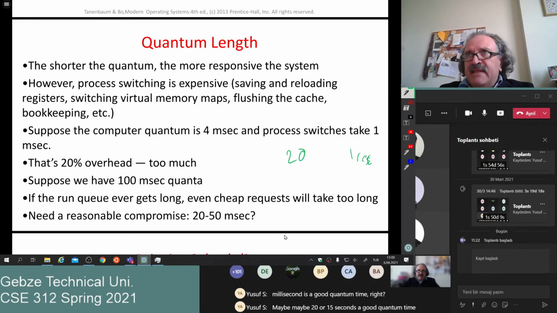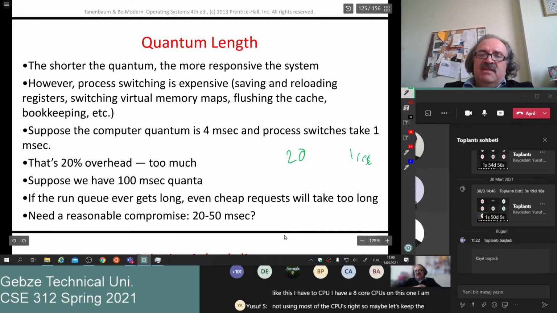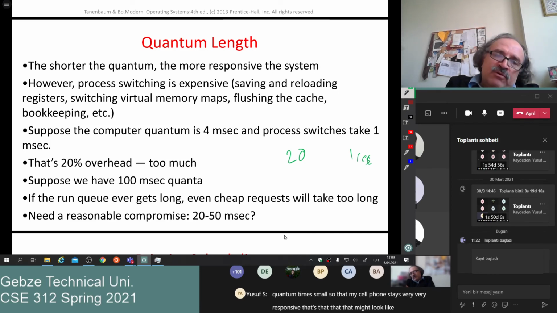You might say that for a cell phone like this, I have 8 core CPUs on this one. I am not using most of the CPUs, right? So maybe let's keep the quantum time small so that my cell phone stays very, very responsive. That might look like a good idea, but again, you are using CPU time.